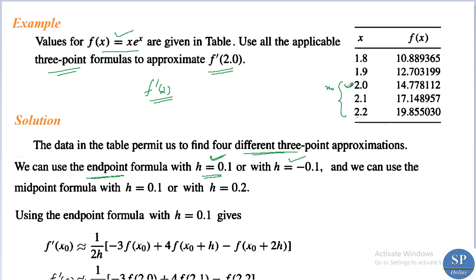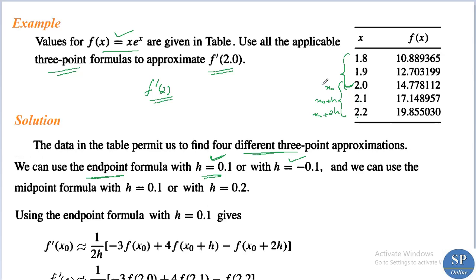In that case, we can take this as x naught, this as x naught plus h when h is equal to 0.1, and this is x naught plus 2h. So by using h equal to 0.1, we can use this endpoint formula with these numbers.